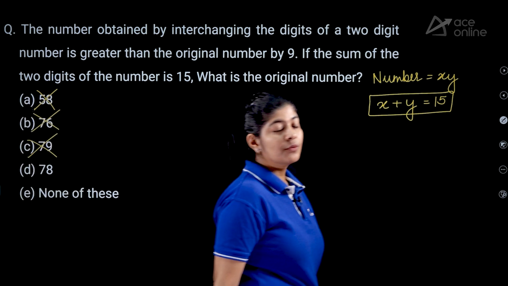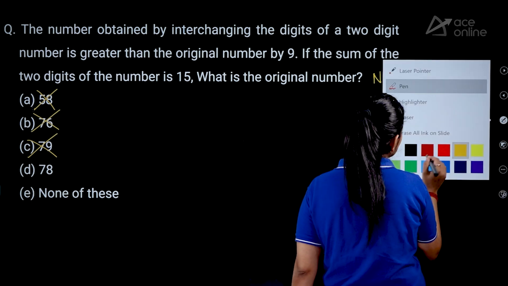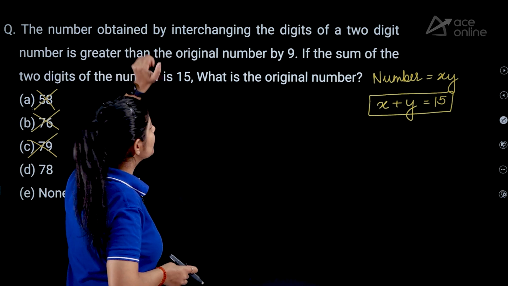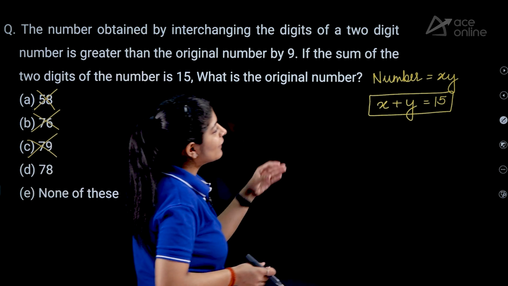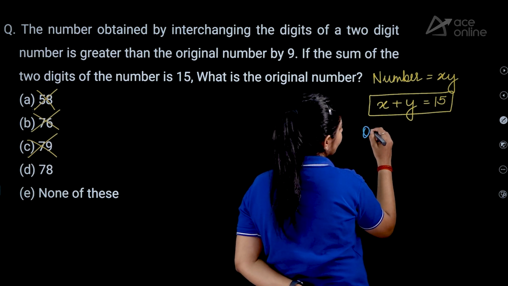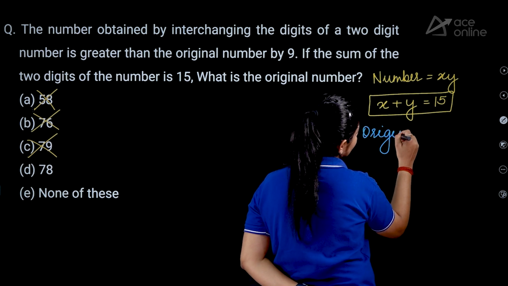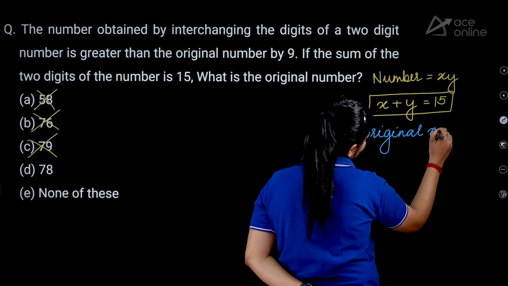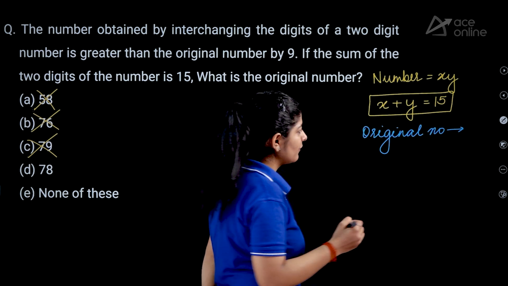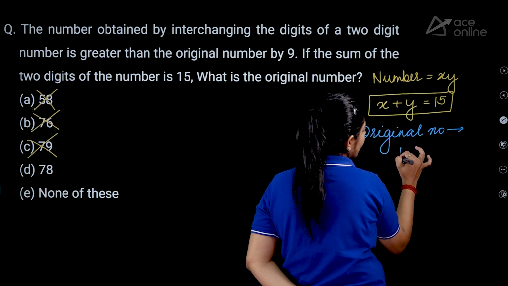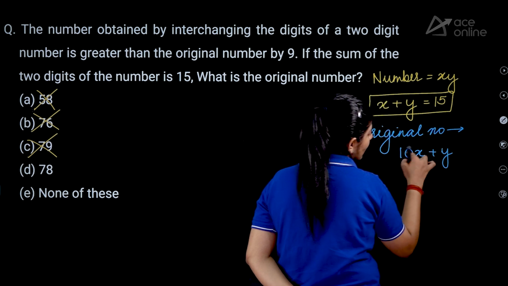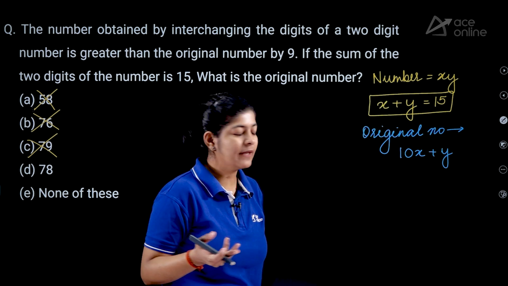So what I need to do is check my number. Now my question says that I am doing some operation with the digits. If I want to create my number with the help of digits, the original number looks like 10x plus y, because they represent their place value also.